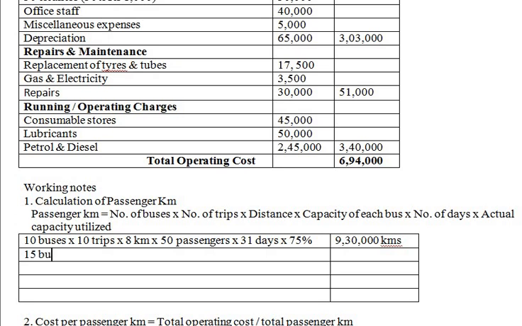Okay. Now next, 15 buses into trips is same, 10 trips, into again kilometers is same, that is 8 kilometers. Passengers is 40 passengers, into 31 days, into 75%.